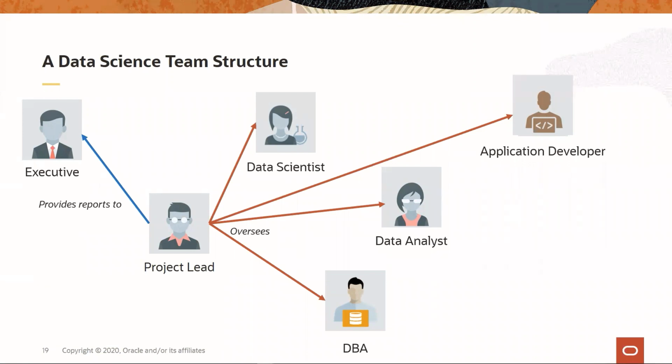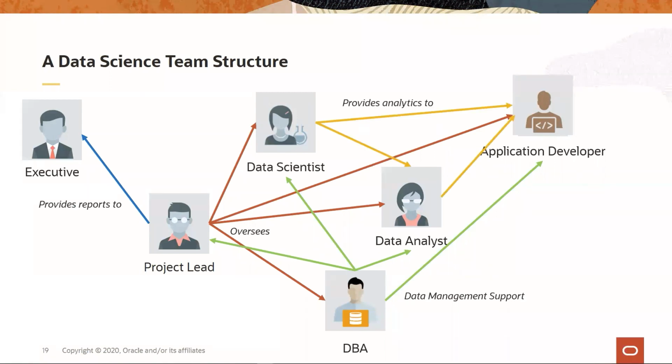They should perhaps be read-only, and they're using the same environment. The DBA is going to be providing some data management support to the other team members, and we'll say more about exactly what he'll be doing a bit later. And then the data scientists and data analysts are going to be developing their scripts, whether they're SQL or later Python and R, and they're going to make those available to the application developer.